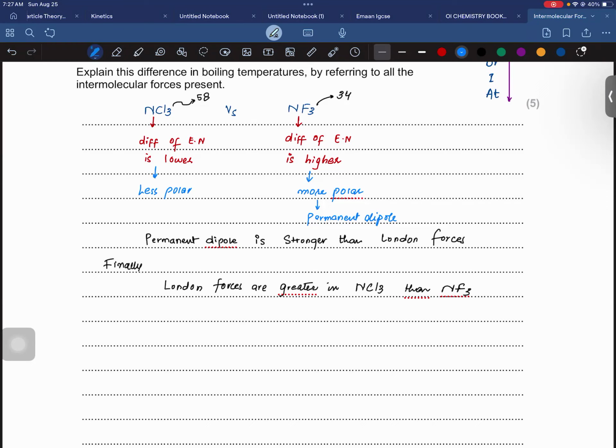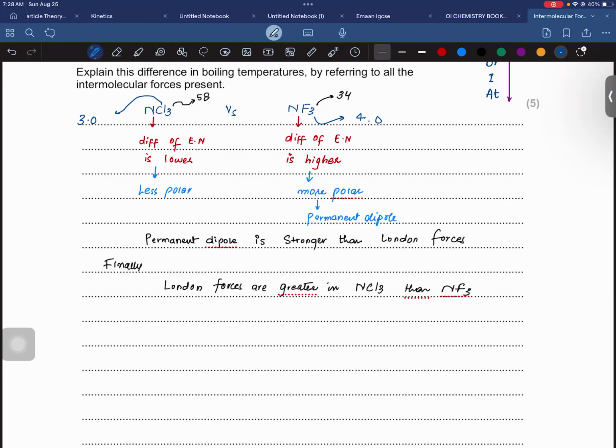I know that NF3 has a permanent dipole as the difference of electronegativity is higher. So what is the difference? Chlorine is 3.0 and fluorine is 4.0.